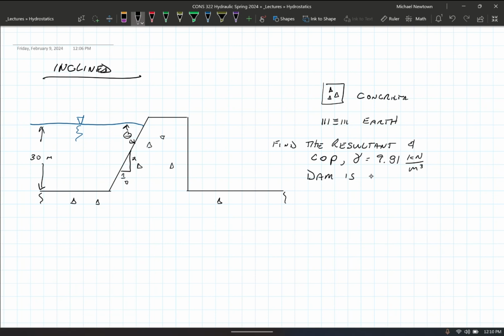The dam is 100 meters wide, which is a big dam. Okay, so far so good. All right, step 1: find theta.